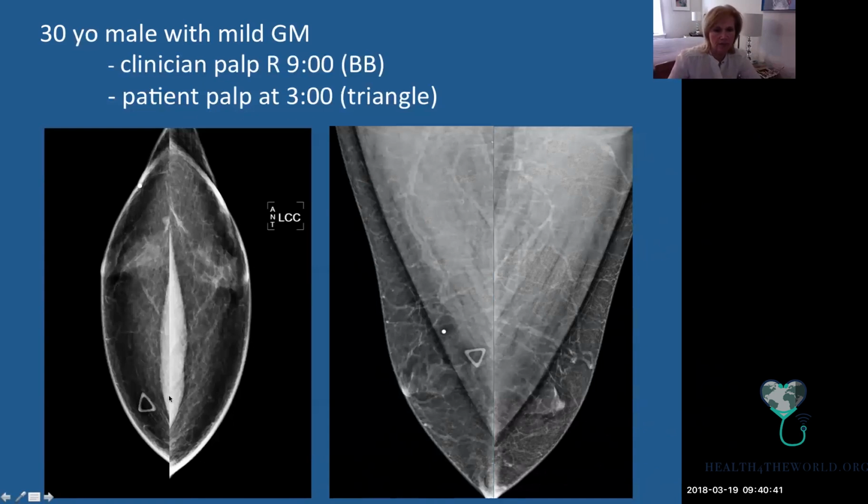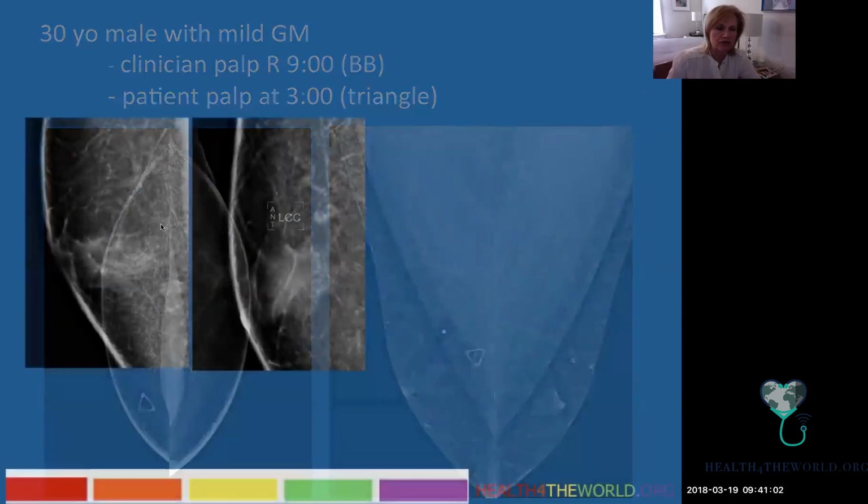So here, medially on the craniocaudal view. We don't see a lot of obvious findings here, but we're going to do some additional views in the lateral area. The medial area ended up being nothing of interest. It was just prominent costal cartilage. But I'll show you some more pictures of the 9 o'clock lesion.